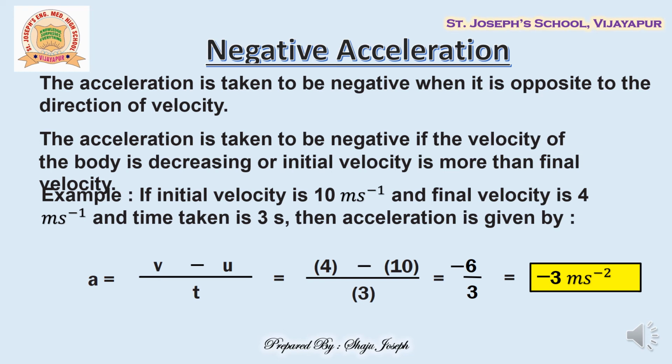But popular belief is that they are just two different words, but the meaning is the same. When the body starts slowing down, we call it retardation or deceleration or negative acceleration. If the body speeds up, we call it positive acceleration.